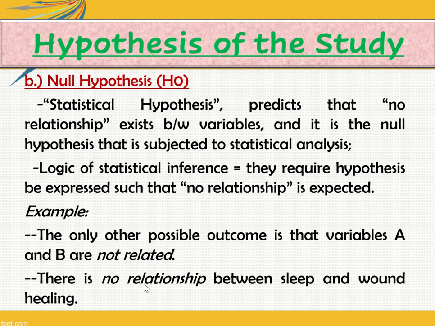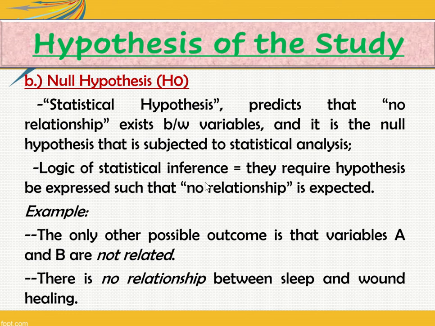On the other hand, null hypothesis, or H sub 0, also known as statistical hypothesis, it predicts that no relationship exists between variables, and it is the null hypothesis that is subjected to statistical analysis. So yung null hypothesis, kabaligtaran to ng alternative or research hypothesis natin. Ito naman yung laging no relationship exists between variables.